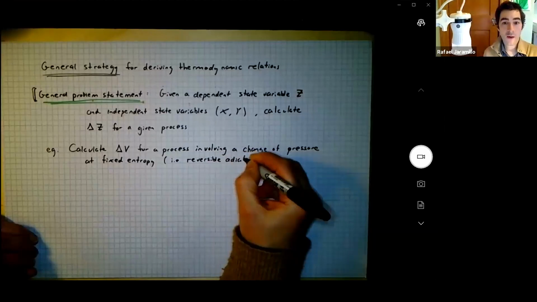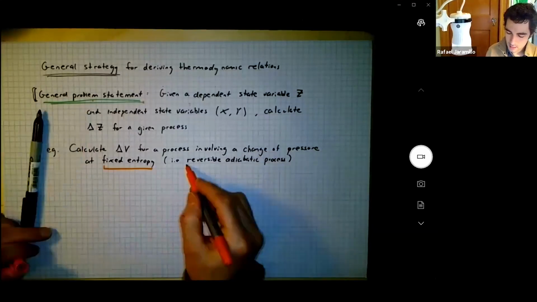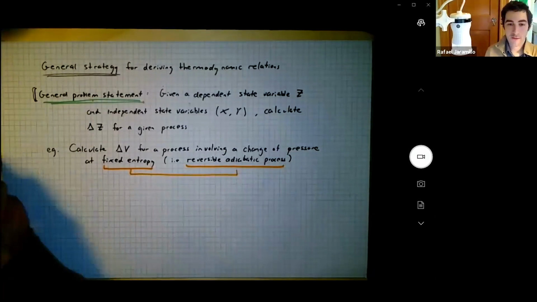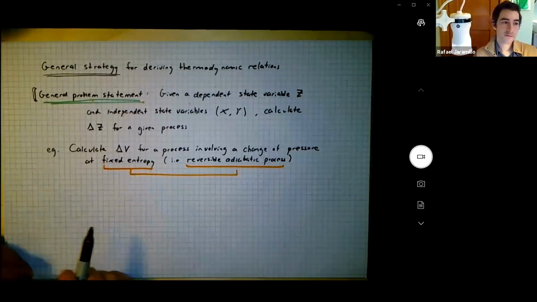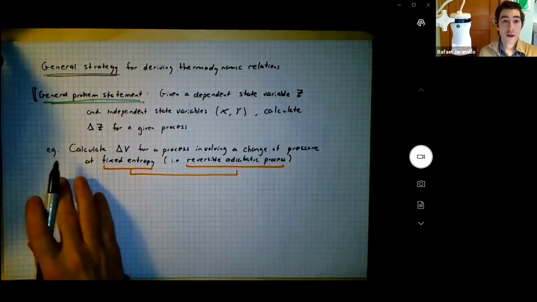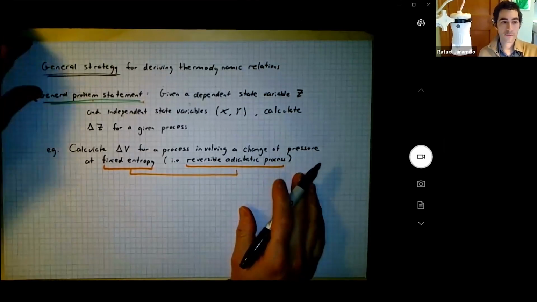This is helpful. Remembering that fixed entropy and reversible adiabatic processes are related, that's really helpful. Okay, so now I'm going to step through this example.